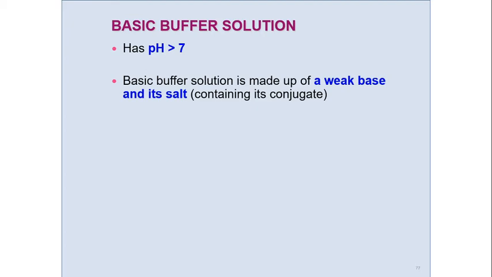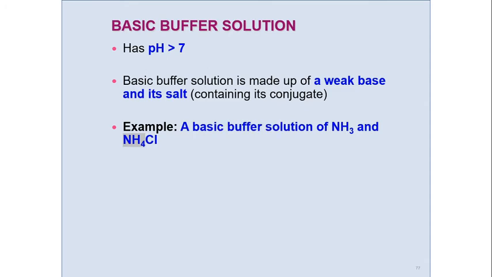For example, a basic buffer solution of NH3 as weak base and NH4Cl as its salt which contains the conjugate acid. If we look at the formula of NH4Cl, we will get NH4+, which is the conjugate acid of NH3.